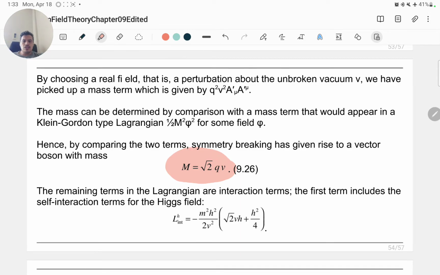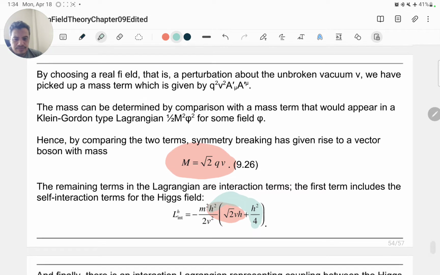The other terms would just be self-interaction terms of the Higgs. This one is a three-legged interaction, while this one is a four-legged Higgs self-interaction.